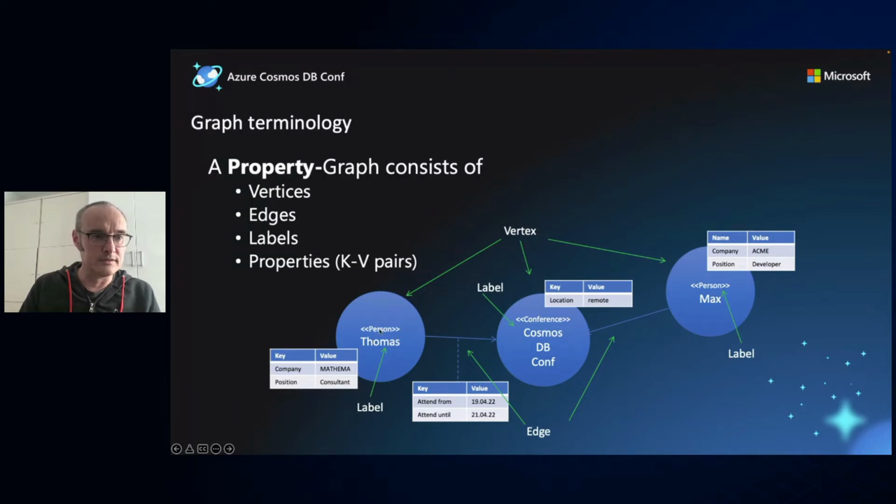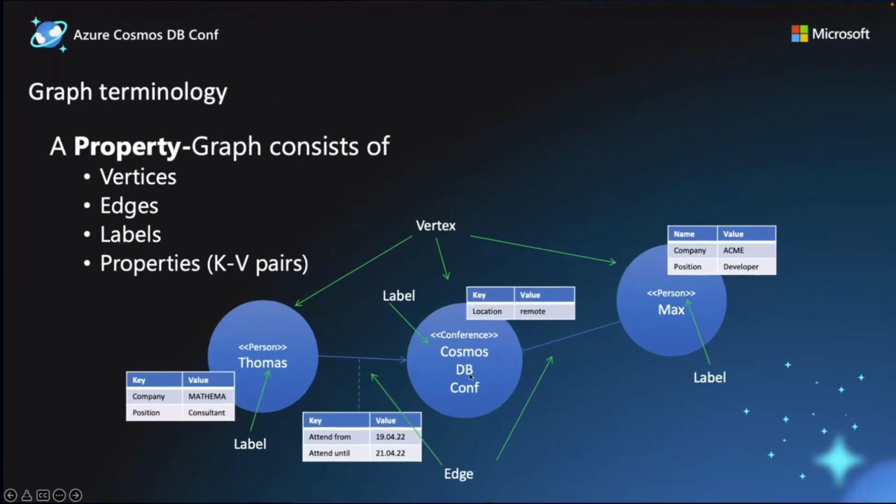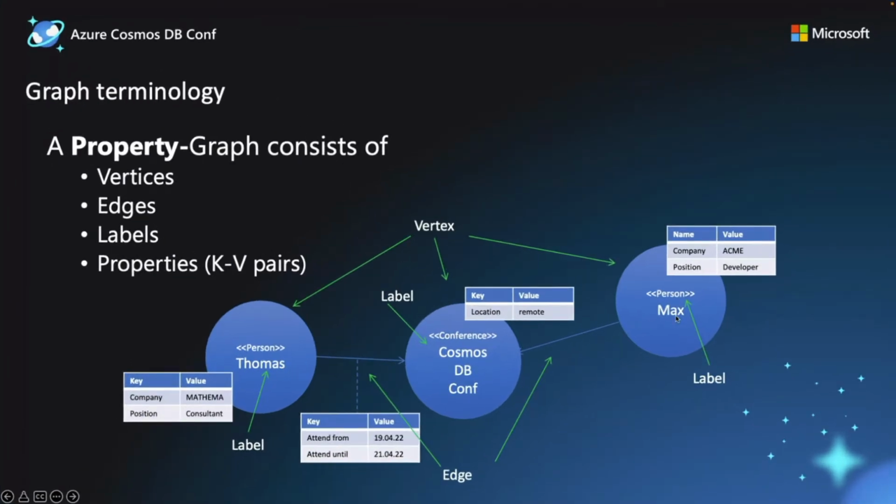So Thomas is a vertex, the Cosmos DB is a vertex, and Max is as well a vertex. Vertices can have labels like person, conference, person. So this is a kind of a type declaration. And those vertices are connected using edges, as shown here. Edges can have direction, but don't have to have.